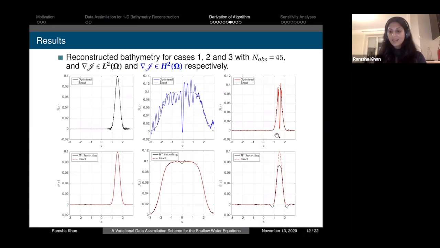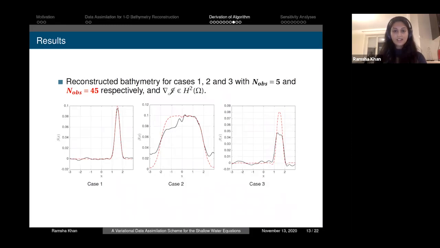As we can see in the case where we had a periodic initial condition, it's not fully resolved in the sense that the height of the reconstruction is not that close to the height of the actual bathymetry. However, we see that we've actually managed to resolve the general shape a lot better than we did when the gradient was in L2.